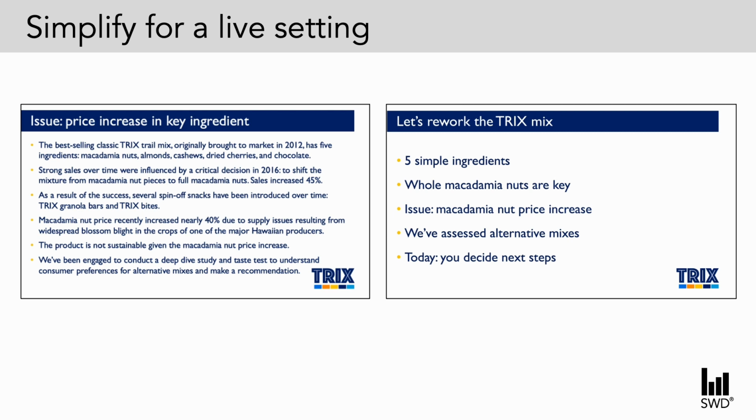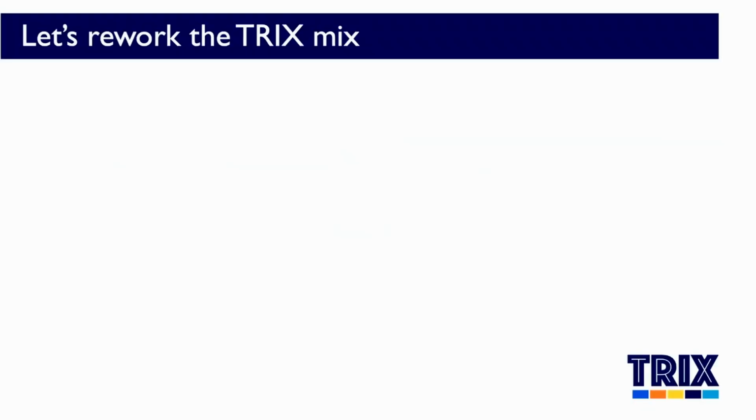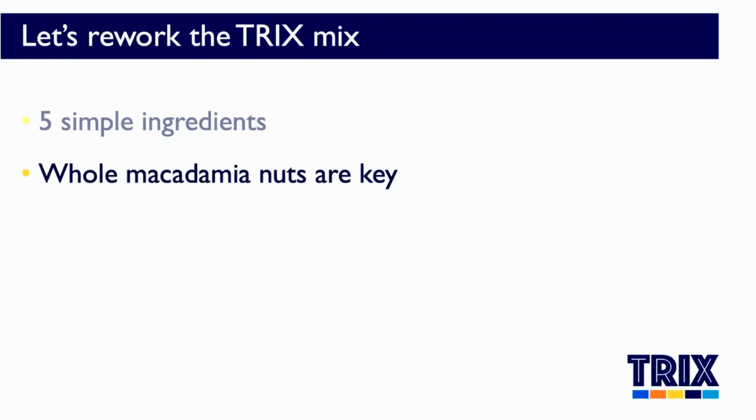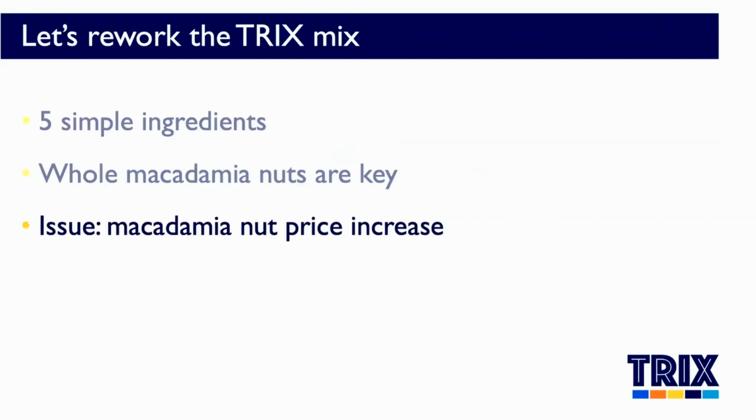For example, if we're actually putting this into practice, I wouldn't just show those 5 bullets at once. I would animate them. I could start with 5 simple ingredients. Our best-selling classic trail mix just has 5 ingredients: macadamia nuts, almonds, cashews, dried cherries, and dark chocolate chunks. I could go through each of these one by one, lending detail as I do.